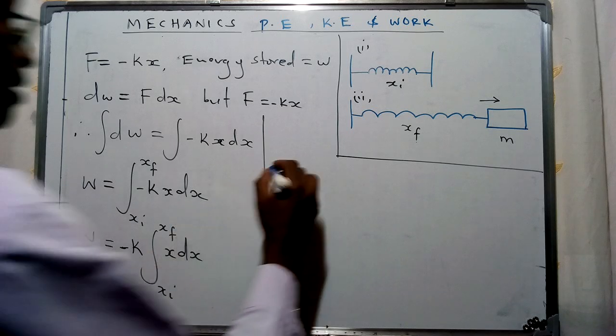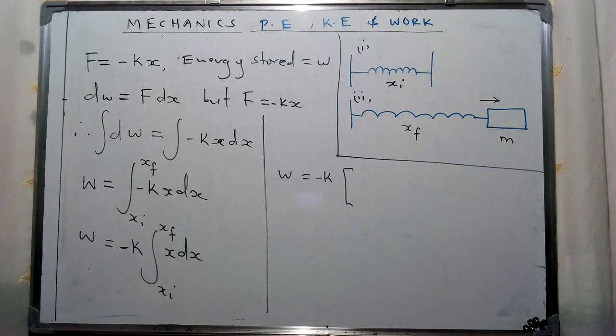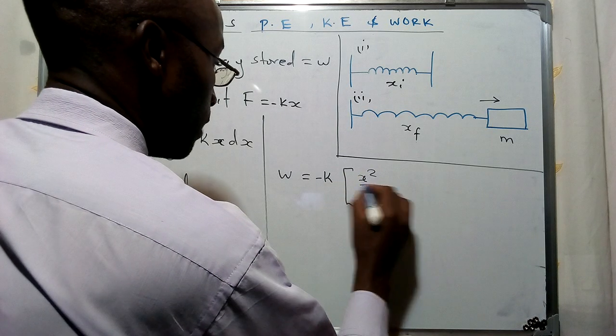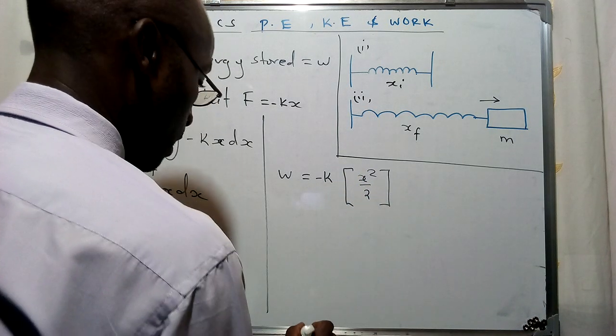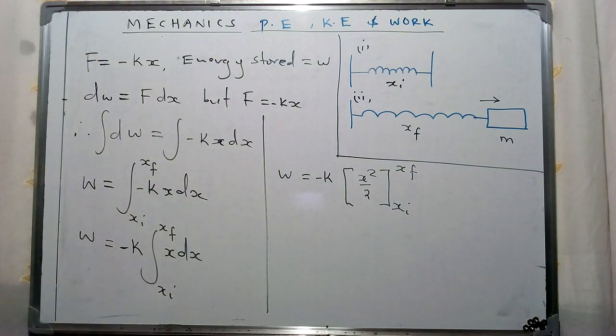And therefore in this case, we find that work is equivalent to negative k, and the integral of that is x squared over 2 from our normal integration, evaluated as the difference from x initial to x final.